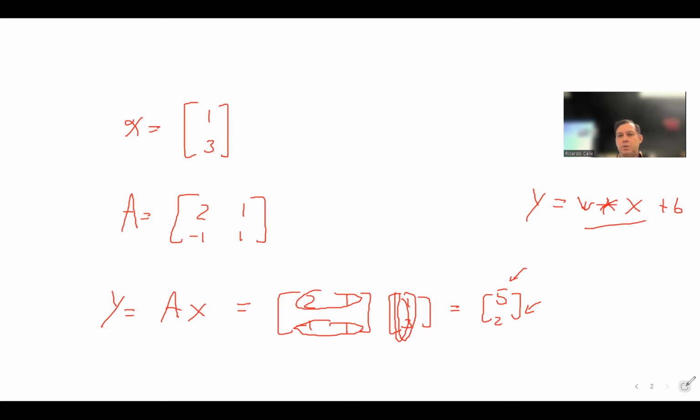Okay, so I'm going to go to a new page here. So what I want to do is multiply 2, minus 1, 1, 1, and then 1 and 3. All right, so this is the operation that happens all the time in neural networks. Okay, this is literally why we use GPUs, because GPUs were made perfectly to do this. This is the one thing they do.